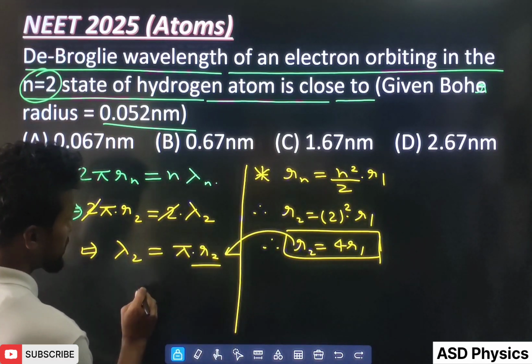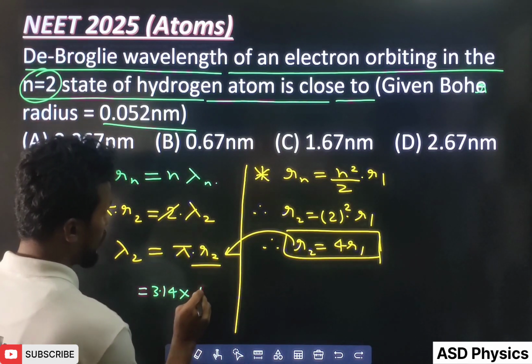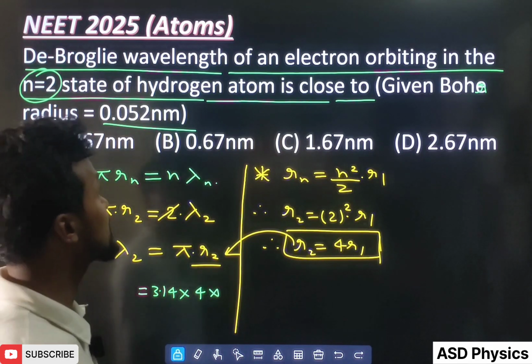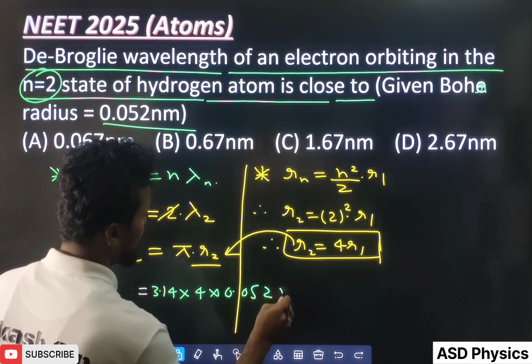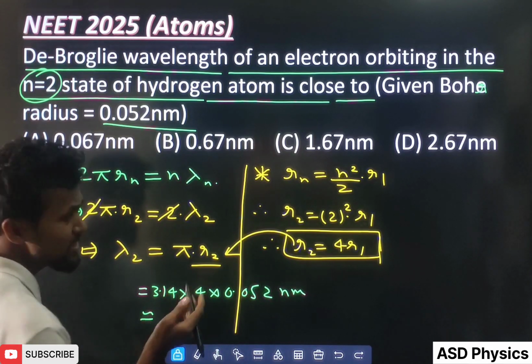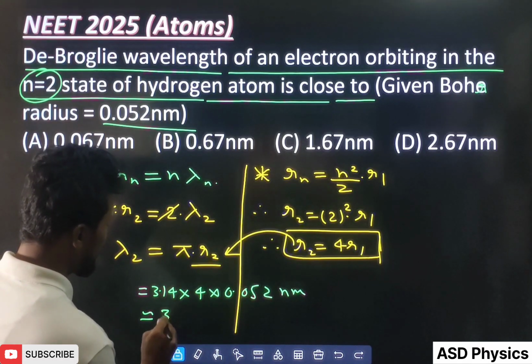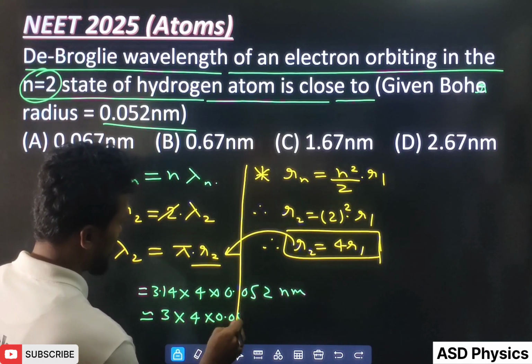So I will put this value here. Then what will happen here, students? Here pi means 3.14, R2 means 4 R1, and how much is R1 given here? 0.052 nanometer. So for this calculation I will do a little bit of approximation. So 3 into 4 into 0.05.